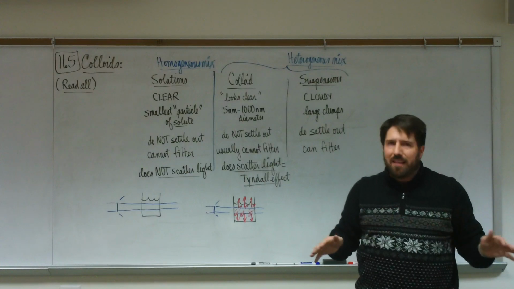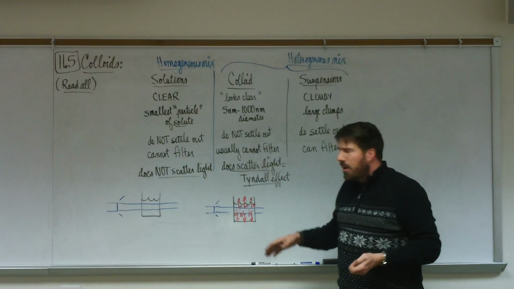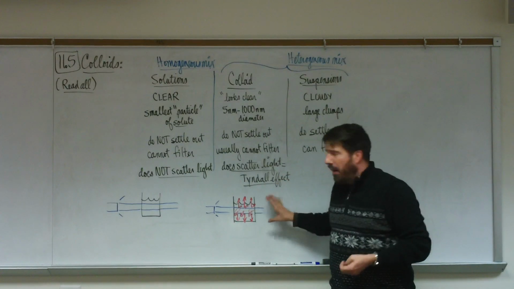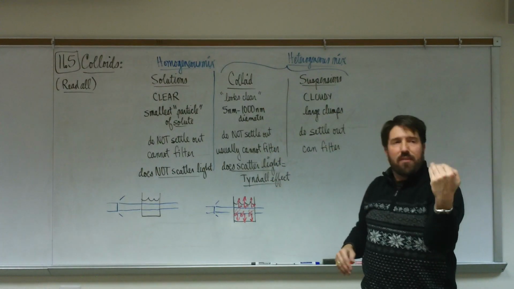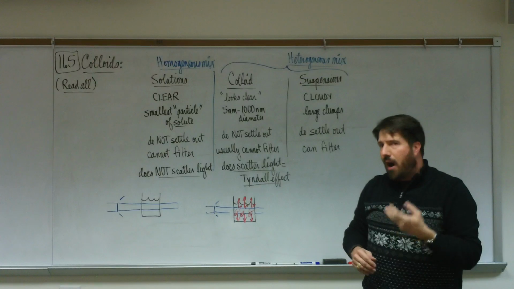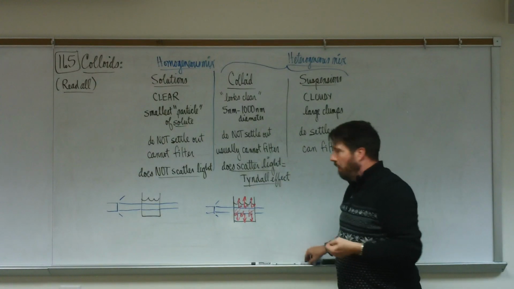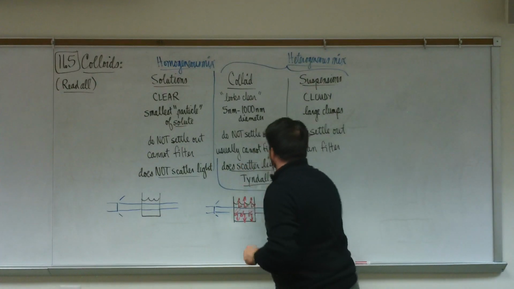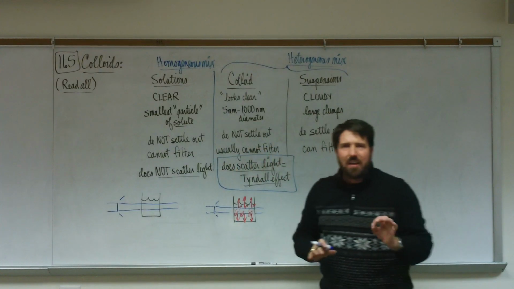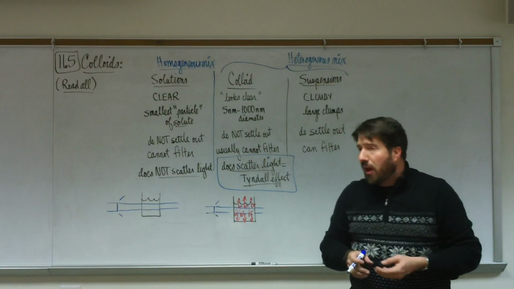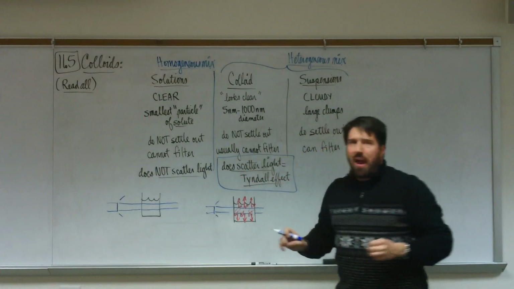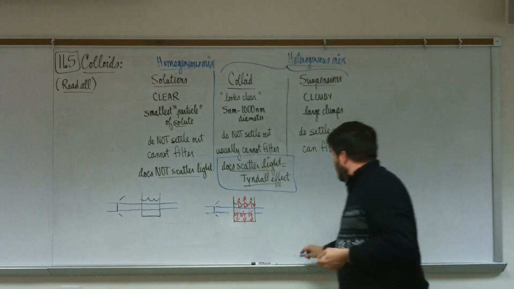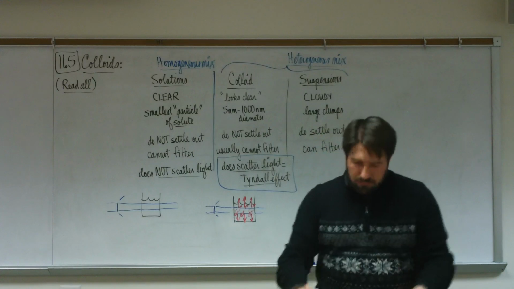You would never see them if you didn't have the fog, but because the fog is a colloid, you can see the beams of light going whatever directions they are, even though the lasers aren't hitting you right in the eye, which actually sounds relatively painful. So make sure you see the distinction, and read more. You can read the text for examples of other types of colloids, but the Tyndall effect, the scattering of light, is the easiest way to tell if something is a colloid.